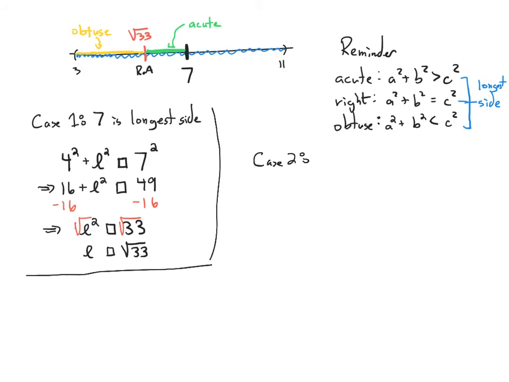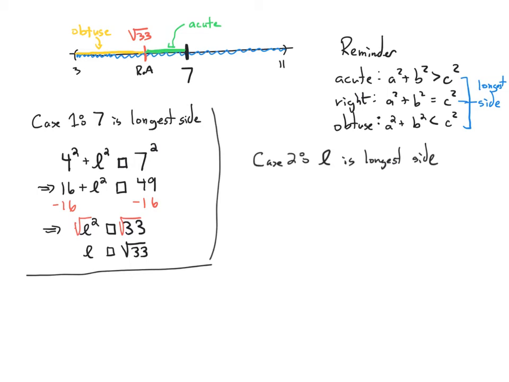In case 2, L is the longest side, so that means L has to be longer than 7. Well, it can't be longer than 11. Remember, the triangle inequality told us that the max length of that third side had to be 11.